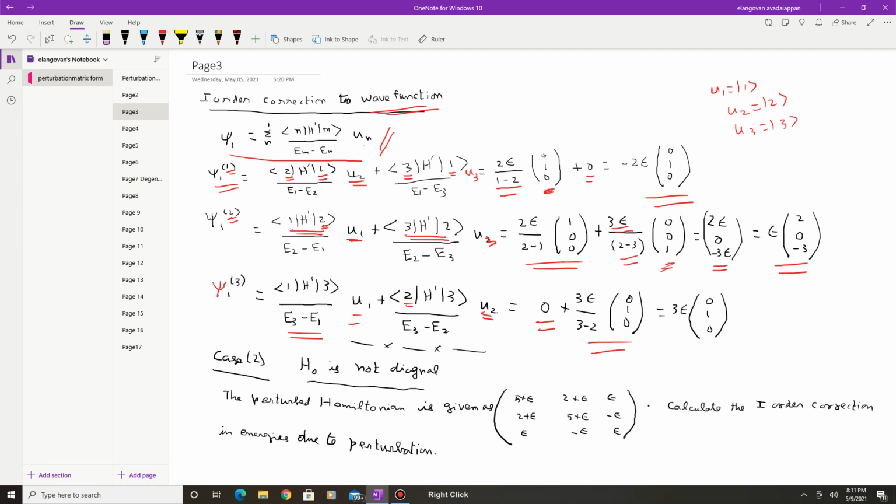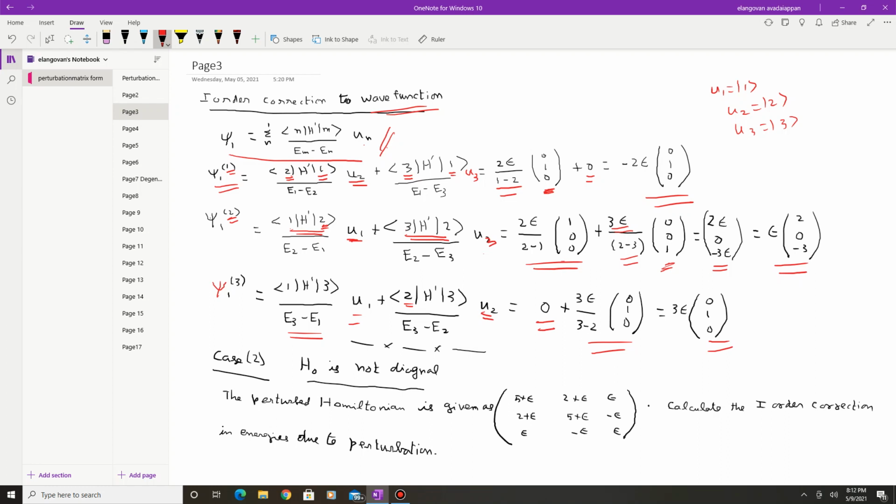The 3 epsilon can be taken outside, so the remaining value is 0. So you have 3 values: psi 1, the first order correction for state 1, state 2, and state 3. All three values are evaluated. So for the above problem, we have calculated the first order correction energy, first order correction wave function, and the second order correction energy.